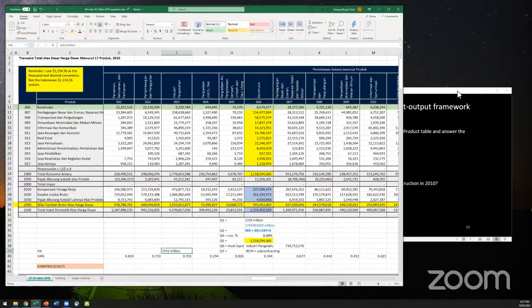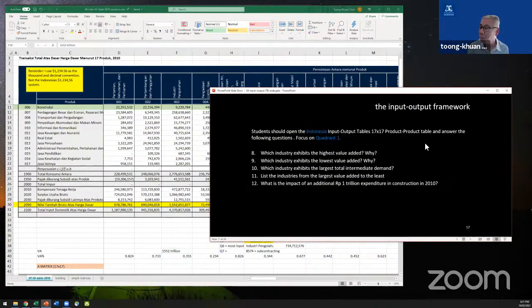It depends. Yes, it depends on what the government is trying to do. It all depends on the objective you are trying to achieve with this analysis. I'm just telling you how the input-output tables work. You have to decide what you want to do with this tool.